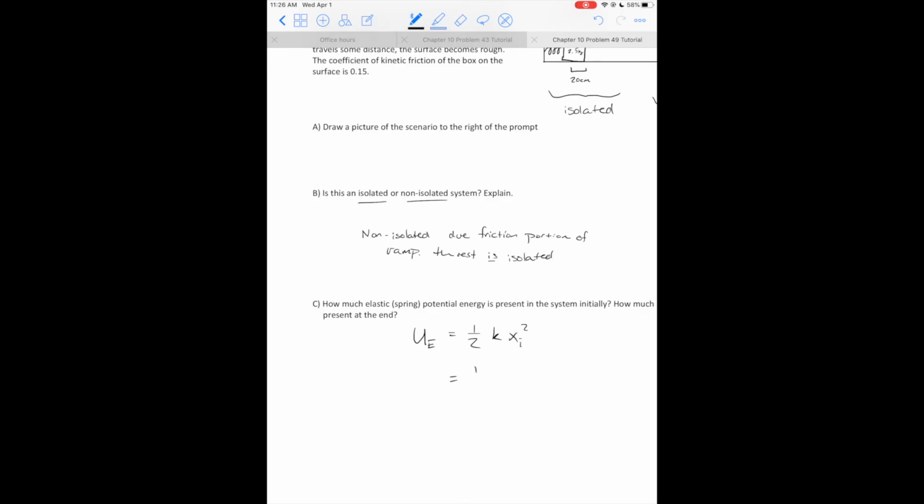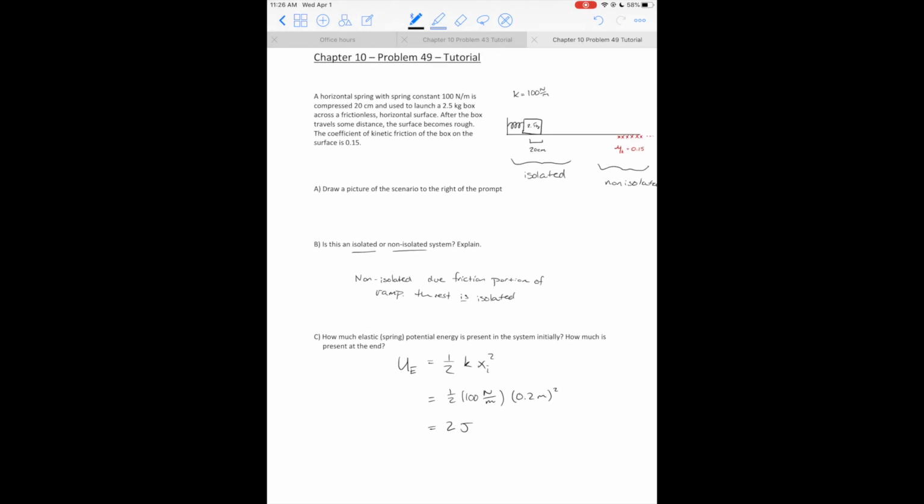So I have 1/2 times 100 newtons per meter times my displacement of 0.2 meters quantity squared. If I were to plug that into a calculator, 0.5 times 100 times 0.2 times 0.2 gives me 2 joules. We've stored 2 joules of energy in this spring system.